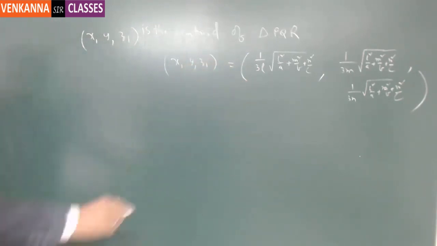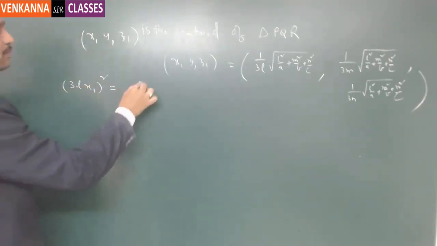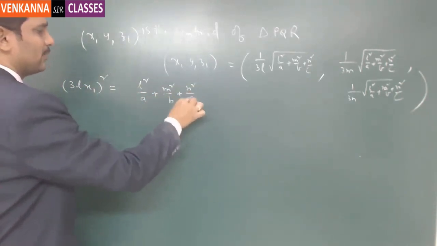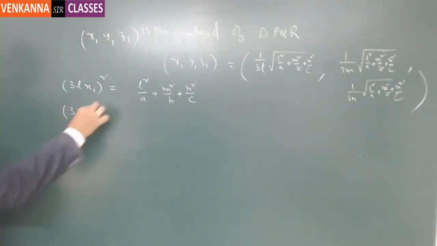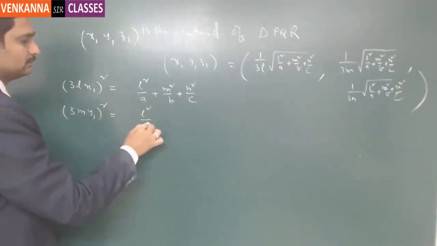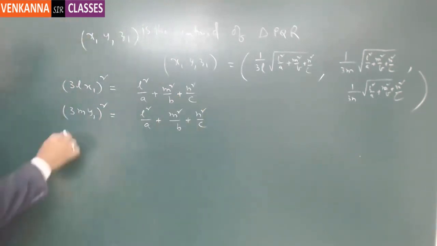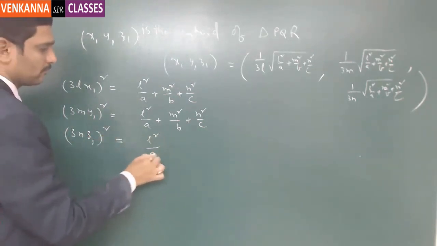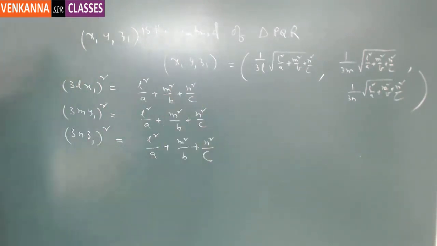That's true, so I will do that. (3L x1) whole square is equal to L square by A plus M square by B plus N square by C. Again, (3M y1) whole square is equal to the same, and then you have the third one. This is the thing you got.